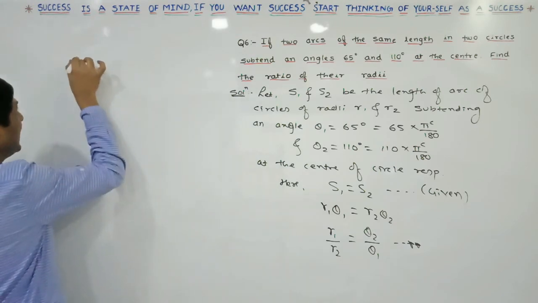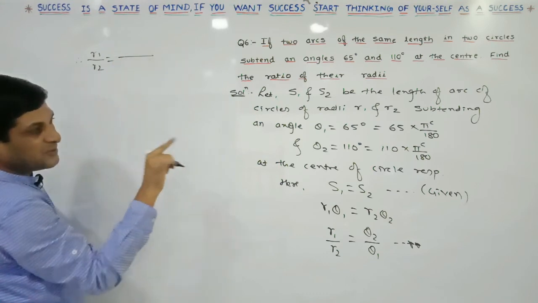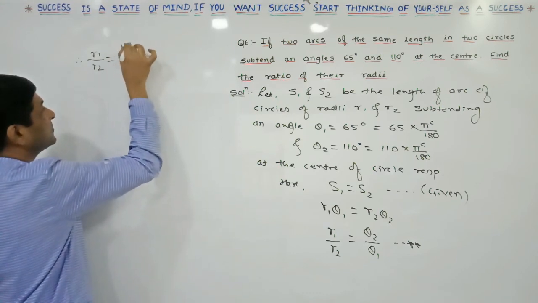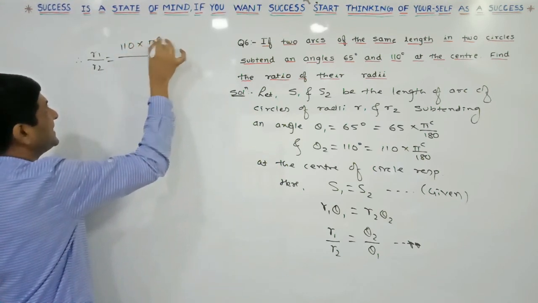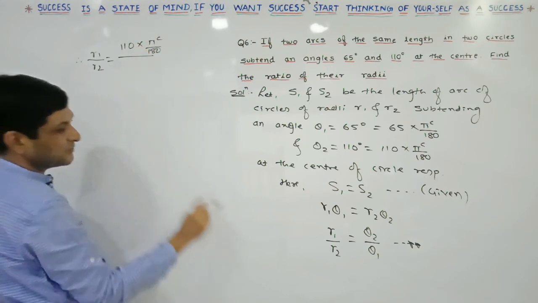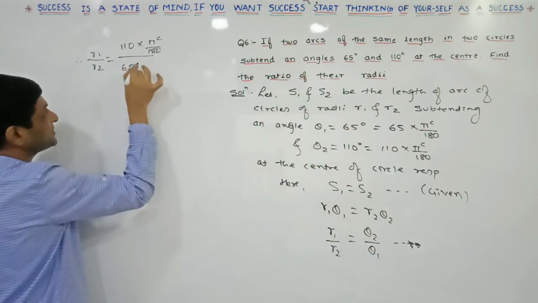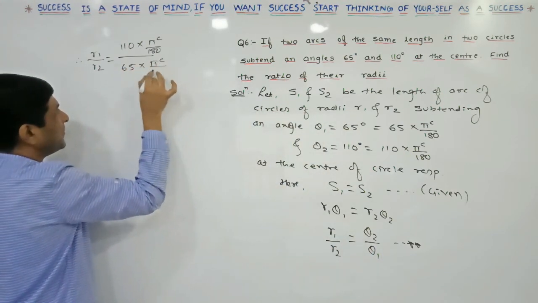So therefore R1 upon R2 is equal to, what is the value of theta2? Theta2 is 110 into pi radian upon 180, and in the denominator substitute the value of theta1, which is 65 into pi radian upon 180.